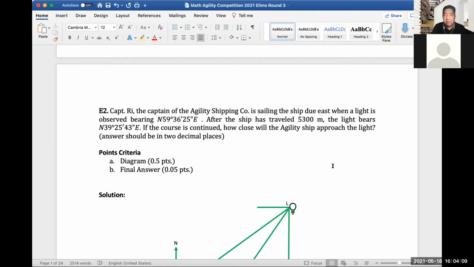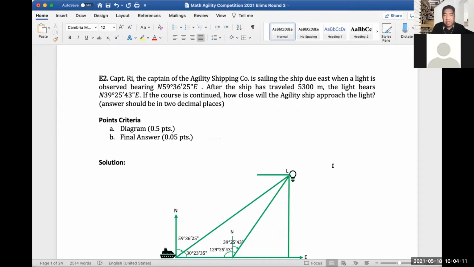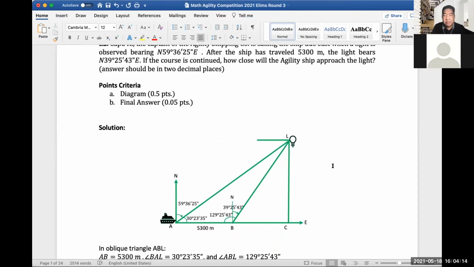So the first thing that is required to get a half point is, of course, we need to draw the diagram. So we have the ship at point A here, and the bearing given is north 59 degrees, 36 minutes, 25 seconds east, right?